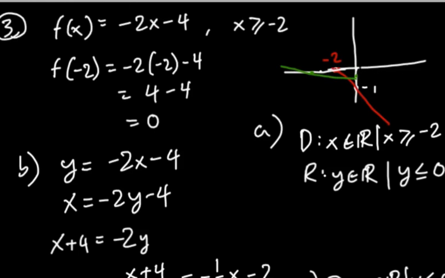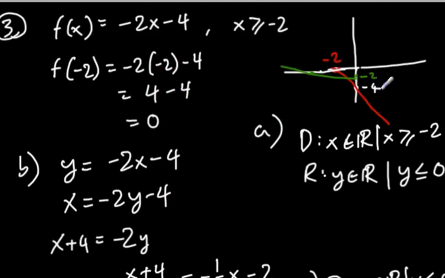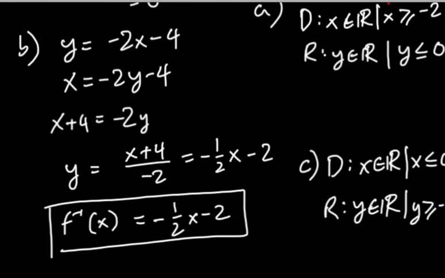Hold on, let me write the values down. So that's negative 2, and I think I erased the negative 4 over there. So this is not 1, but negative 4, because that's the y-intercept of the red line. And if you observe, this says y is greater than or equal to negative 2.